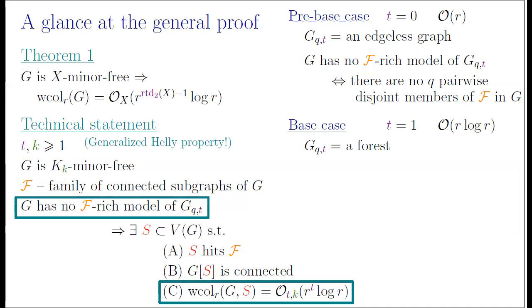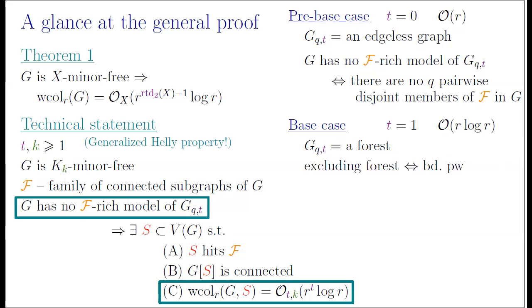In this case, GQT is a forest. Let me tell you now: if we didn't do this base case by hand, we would obtain from our induction R squared here. So this is how we save one in the exponent, and we trade it for a log, doing some more work.